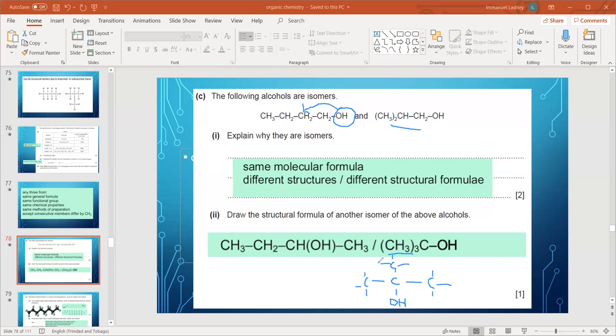At the advanced level, this is referred to as a tertiary alcohol. There are 3 CH3 groups bonded to the carbon, which is bonded to OH.